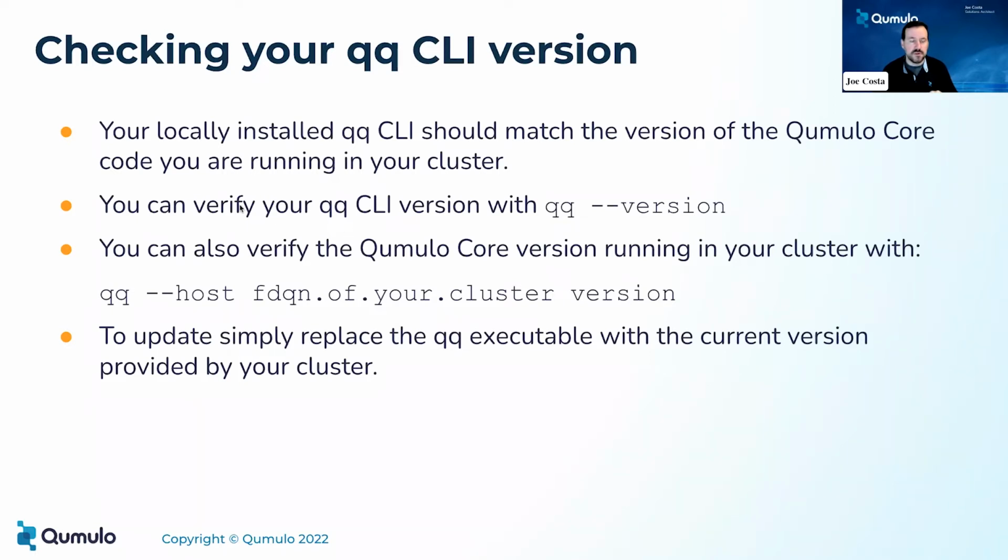Now you can verify the version of the QQ CLI tool itself by giving it a --version flag. And you can also check the version of the actual Qumulo core software running in your Qumulo by giving it the version command. It's a little confusing here, but you see the difference is that this is a QQ command, while this is an API command.